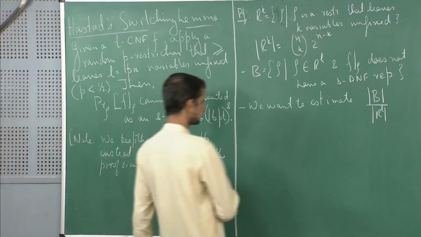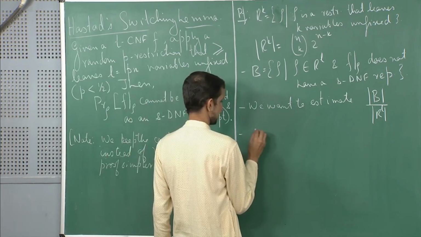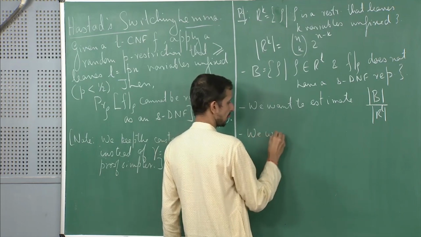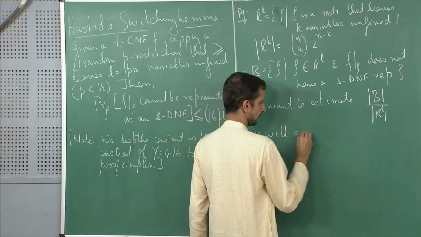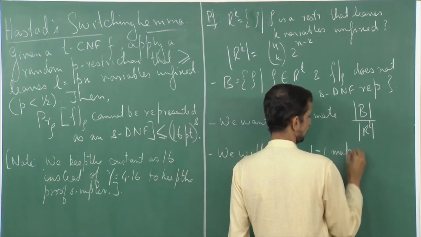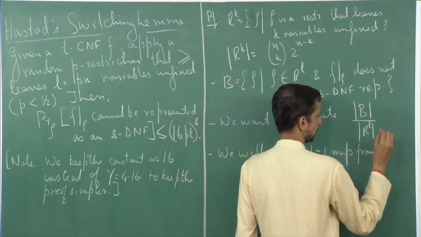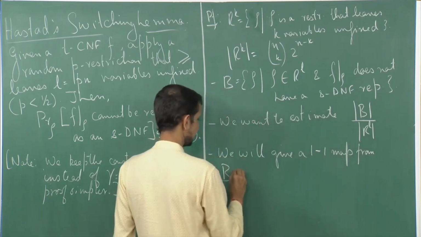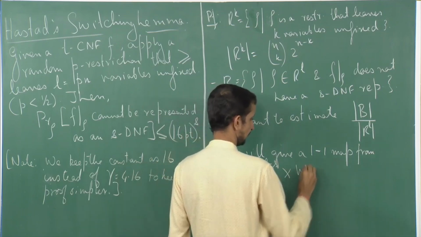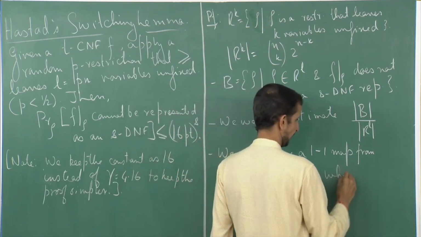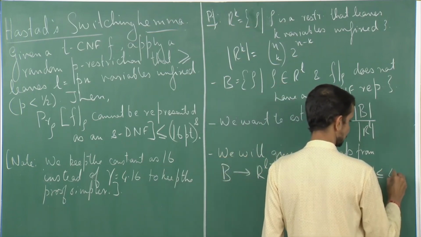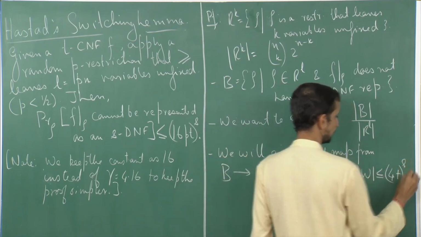What we will show is, and this is the roadmap of the proof, we will give a one-to-one map from B to R_{l minus s} cross a set W, where the cardinality of W is at most 40 to the power s.